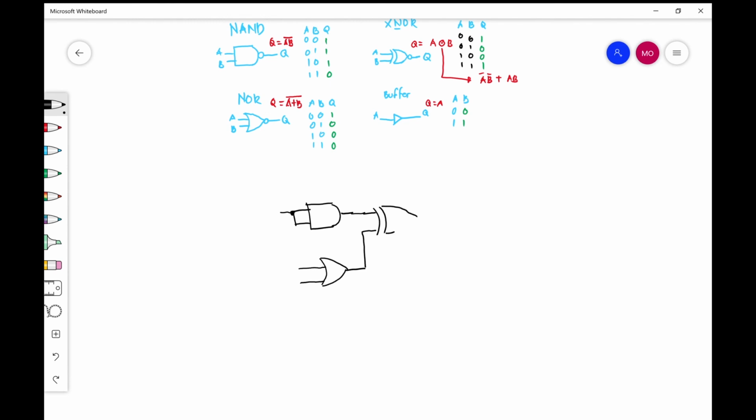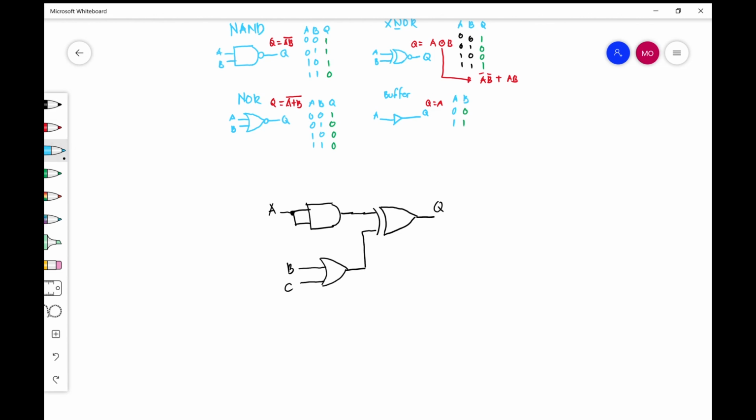So this is just an example. Always label the inputs as A, B, and if you're done with B, you have to go on with C, and so forth. And our output would still be Q. Okay. So given the following figure, you are asked to find the equation of Q.